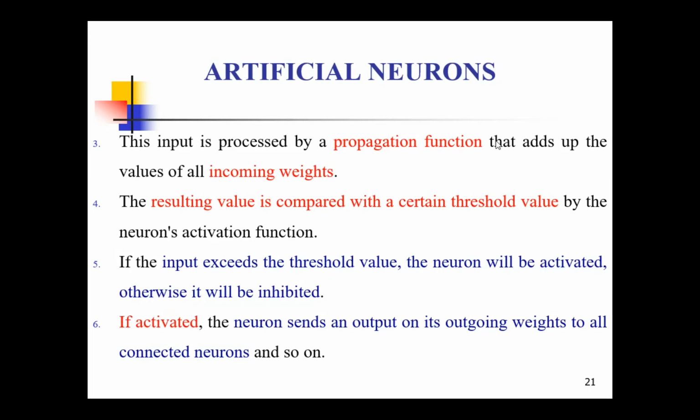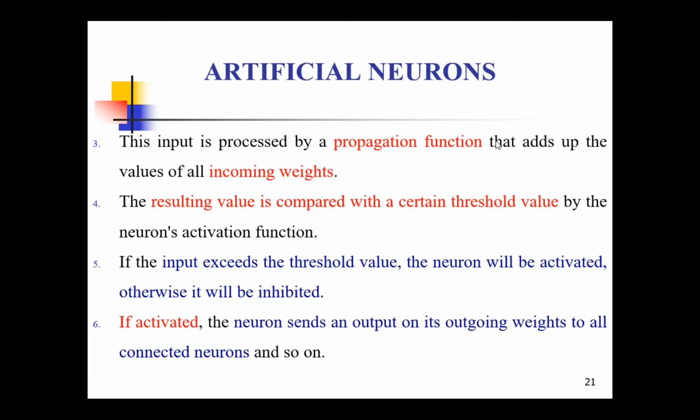So if activated, that is, if the resulting value of inputs is higher than the threshold value, then the neuron is activated. In this case, the neuron sends an output to the next connected neurons with the outgoing weight.